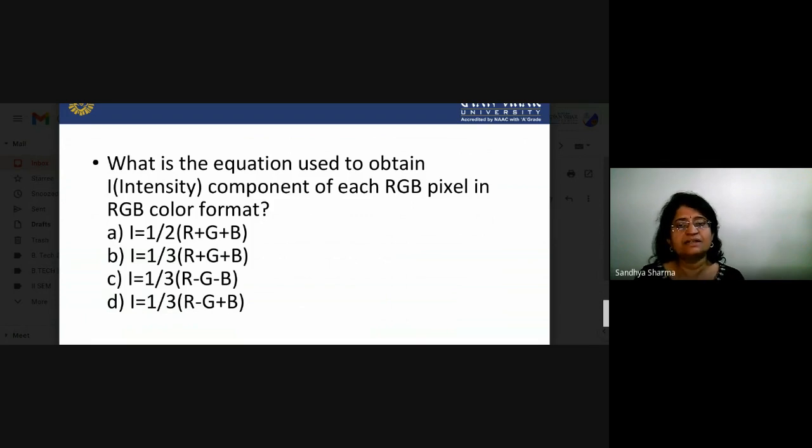If we are working on color signals, each image is represented in a color format. If your signal is a color signal, it is made of a combination of RGB or some weighted factor of RGB.